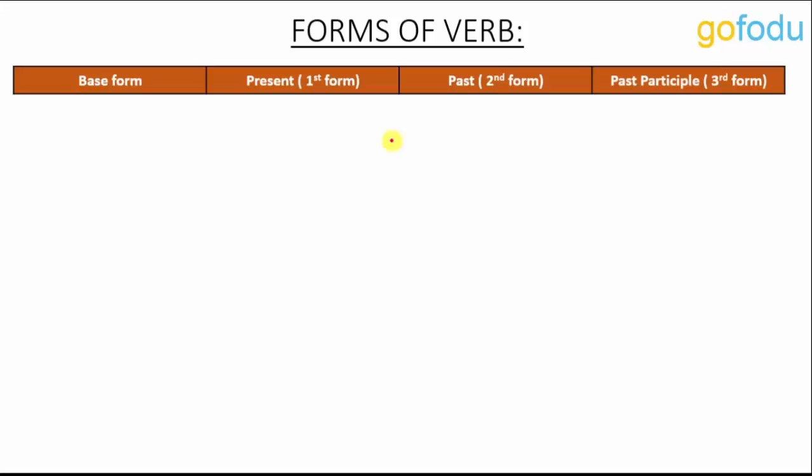If something has happened already, then it's the past form. And in case something has already happened a long time back, it will be the past participle. They decide when the action is or has been completed. Let's see them based on some examples.